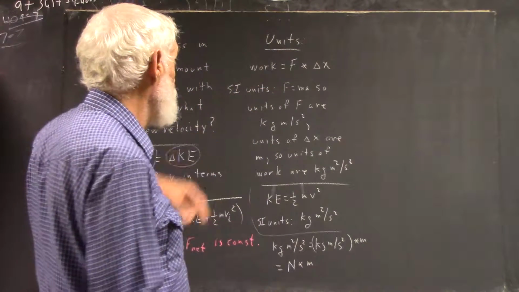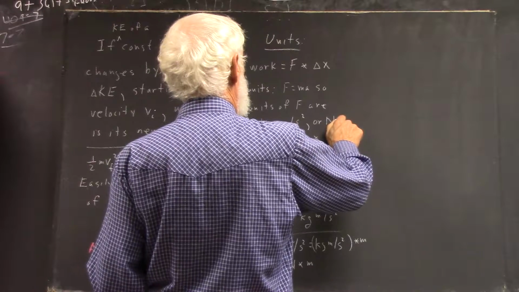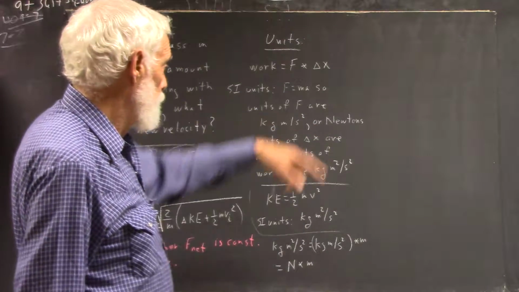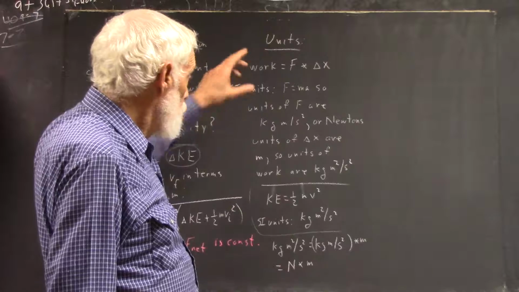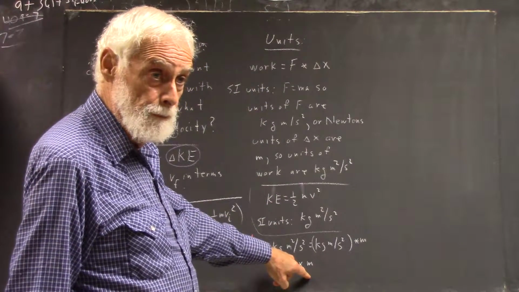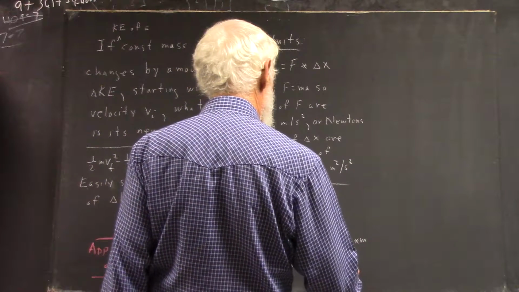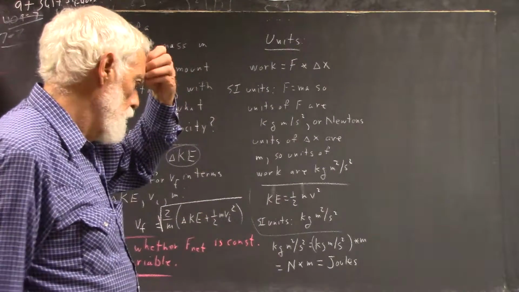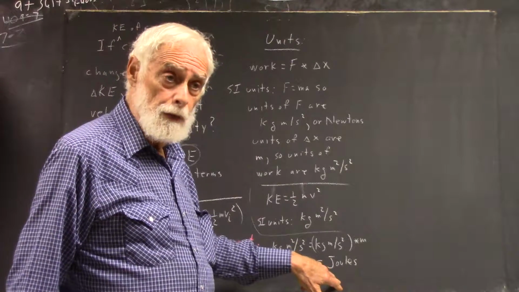Okay, so I could say that a kilogram meter per second squared is a newton, so that the unit of work or the unit of kinetic energy could be written as a newton times a meter. And newtons times meters is joules. That's just a name we give it.